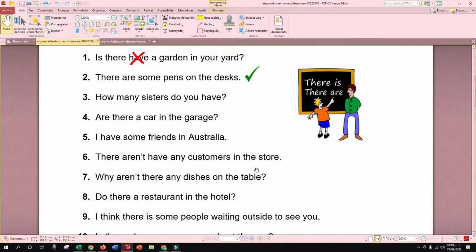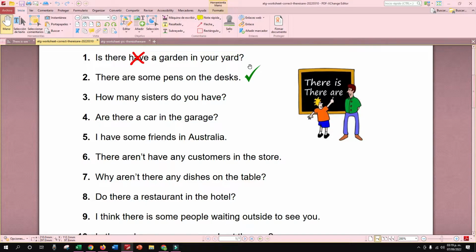Corregir las oraciones que están incorrectas y colocar un chequecito a las que están correctas. Yes? Okay. For example, is there have a garden in your yard? Look at that one.